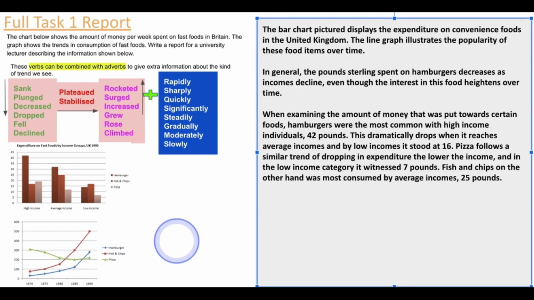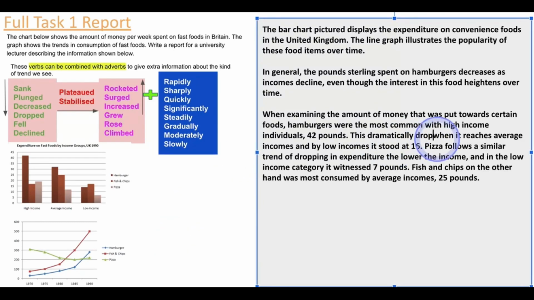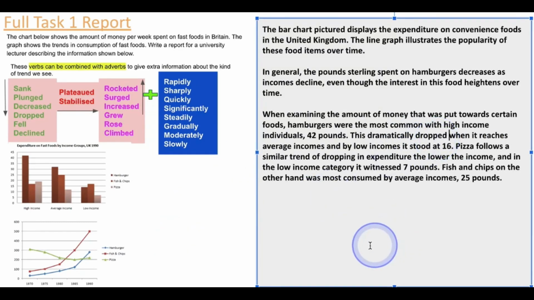Okay, let's read this back. When examining the amount of money that was put towards certain foods, hamburgers were the most common with high-income individuals, £42. This dramatically dropped. So we're checking tense and spelling and just editing as we're going along. This dramatically dropped when it reached average incomes, and by low incomes, it stood at 16.